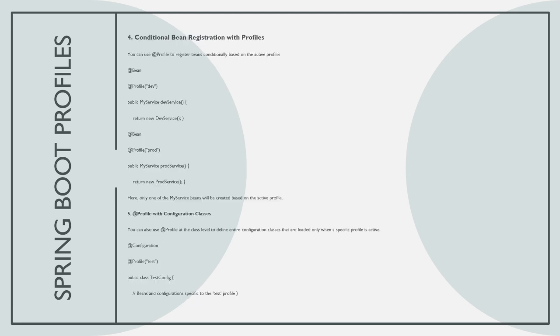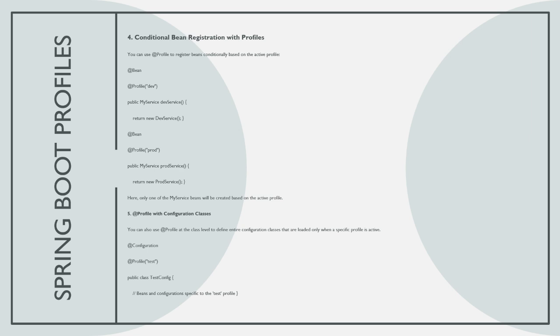Now, along with what we've discussed, there is conditional bean registration along with the profiles. You can use @Profile to register beans based on certain conditions, on the active profile. With @Bean and then a profile, similar to @Configuration, we have @Bean and then the profile.